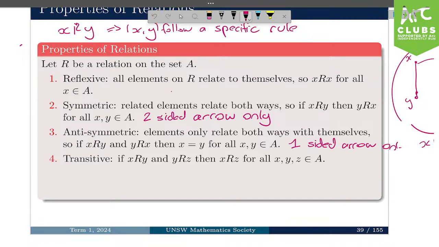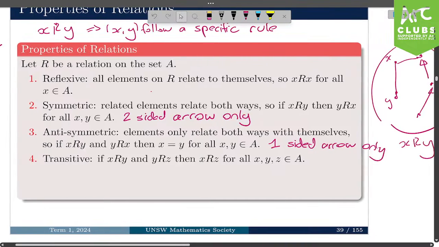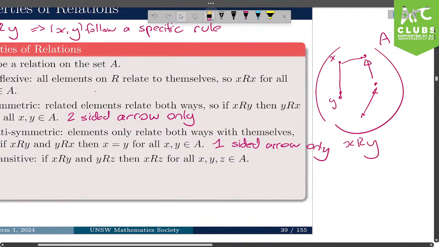We say a relation is transitive if when x relates to y and y relates to z, then x relates to z for all x, y, z in A. What would this mean in terms of our directed graph?